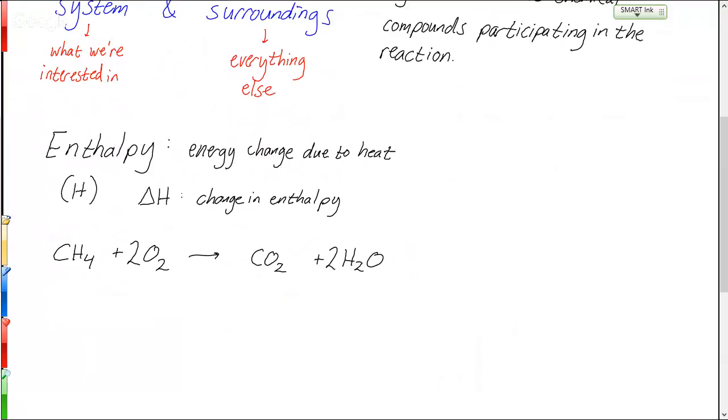Here's combustion of methane, like natural gas, like our Bunsen burners. They're combusting. So what's happening with the heat in that reaction? How would you describe how the heat is transferring? Where is it coming from and where is it going to?